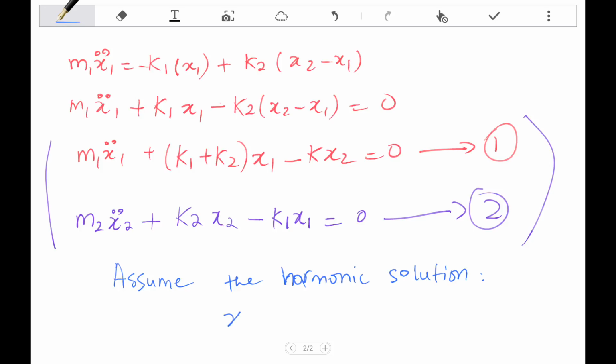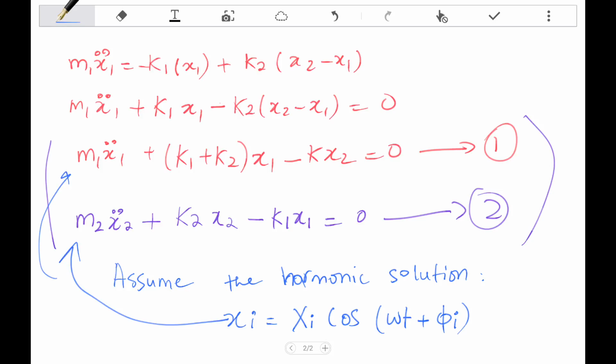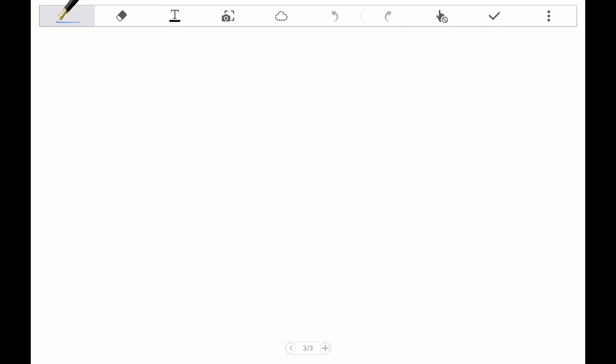And that's basically xi equals Xi cos(omega t plus phi i). Now, we're going to basically sub this equation into these two equations and solve. So let's go and do that.